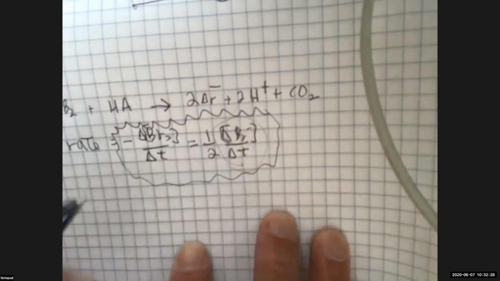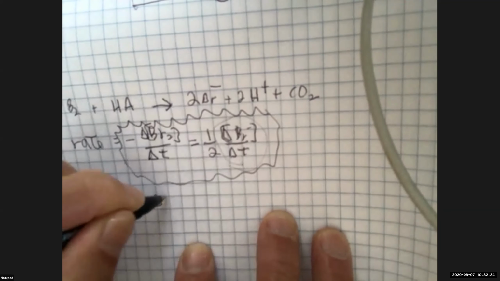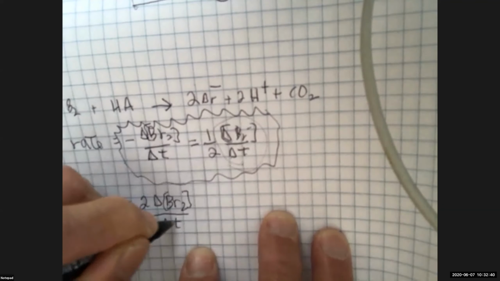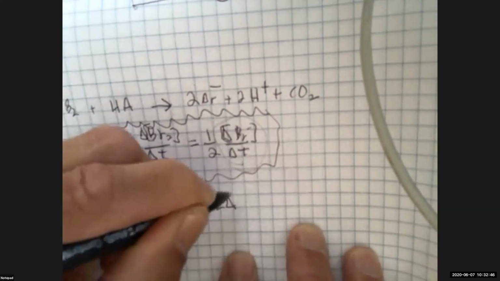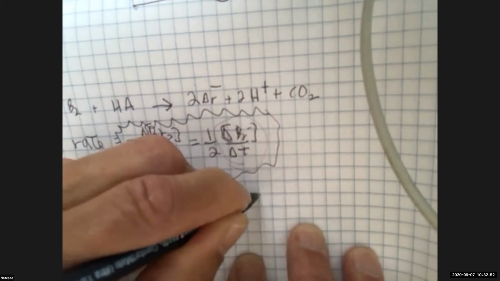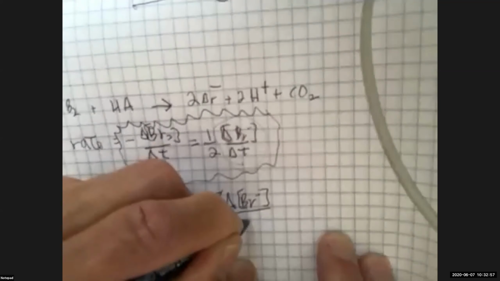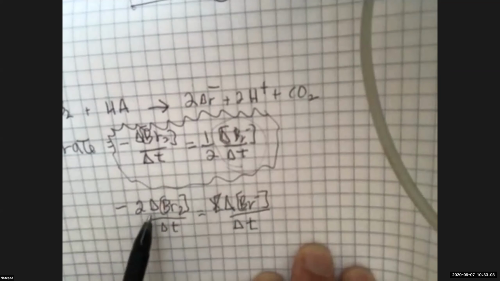If we multiply both sides by 2, we end up at minus 2 times the change in Br2 concentration over the change in time is going to equal the change in Br minus concentration over the change in time. So it shows that the bromide rate is going to be double the bromine rate, the Br2 rate. Okay, so that's how you do it.